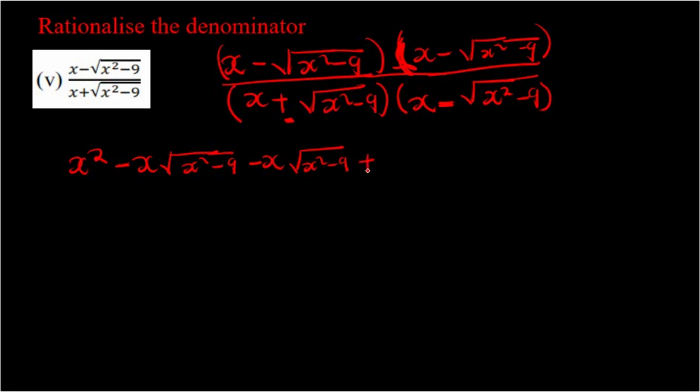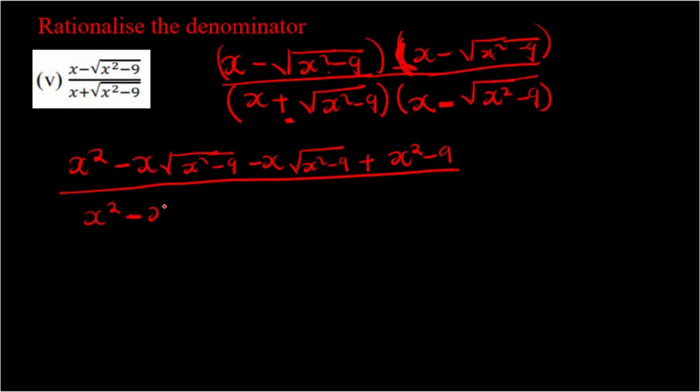This times that, remember, will be positive, so inside is the same, meaning it will just be x squared minus 9. Down here on the denominator, x times x is x squared. X times that, you have x root of x squared minus 9.